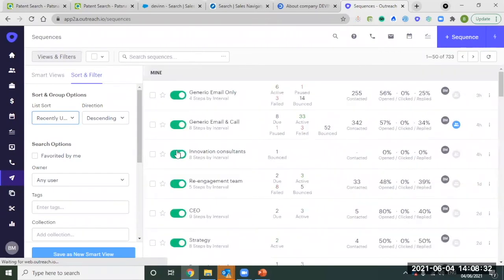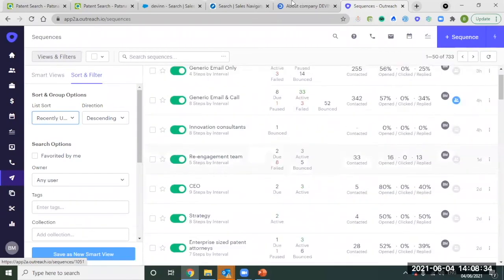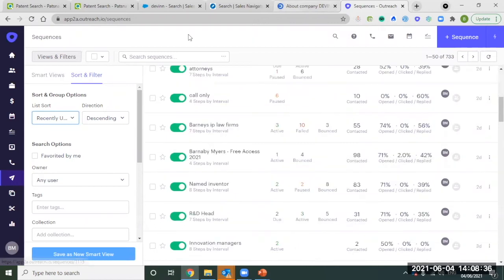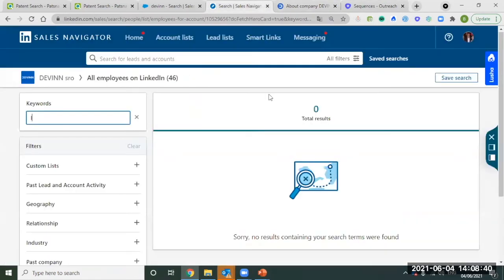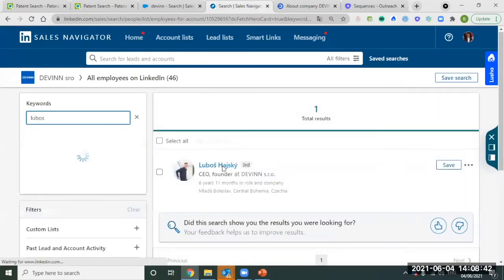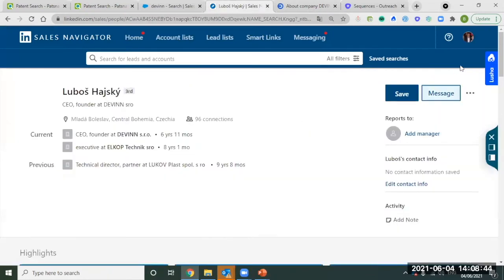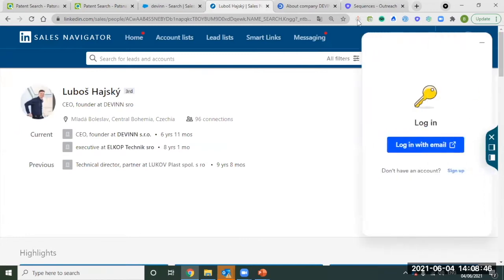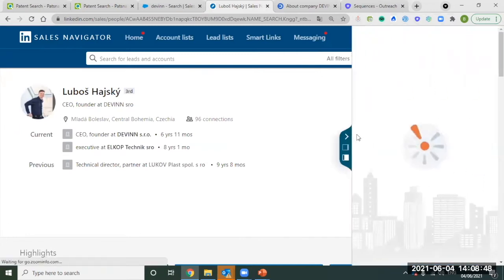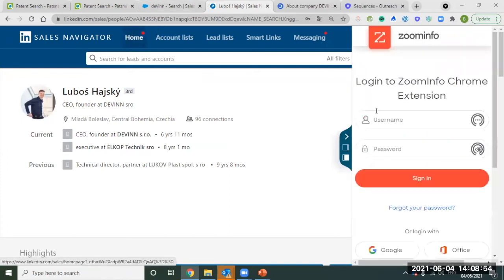Okay, so what we could do is, once you've found Lubos's email address, for instance, I don't know if we can. Lubos, brilliant. So hopefully what we can do is get Lubos's email address and export it onto Salesforce.